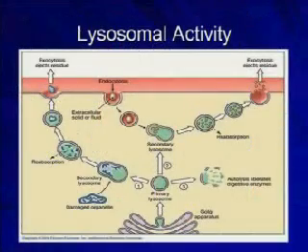Now, this is an illustration again from your textbook that shows lysosomal activity. We've already talked about the process of exocytosis. We haven't talked about endocytosis, but we'll do that now. So, a primary lysosome is produced at the maturing phase of the Golgi apparatus.